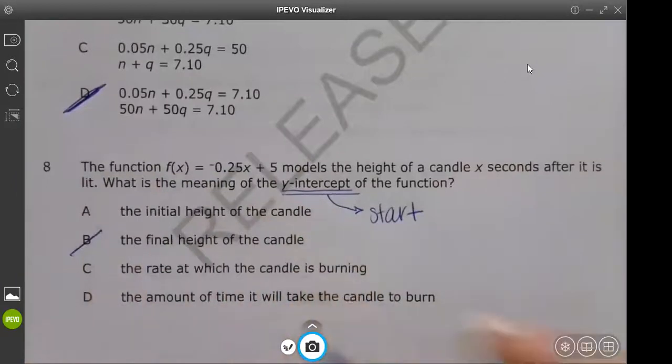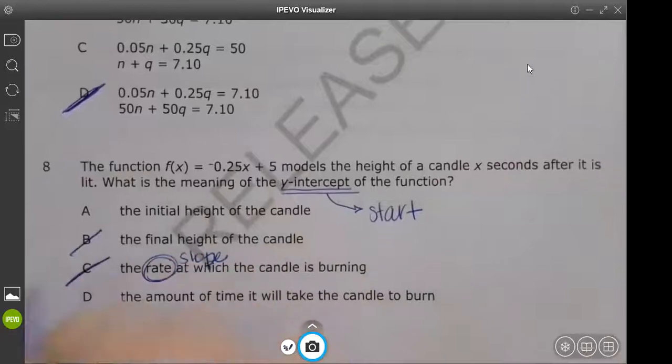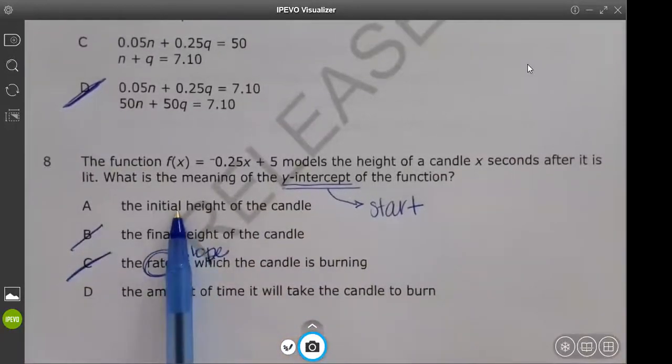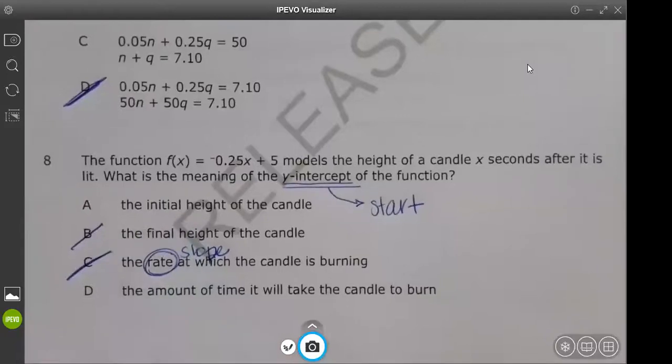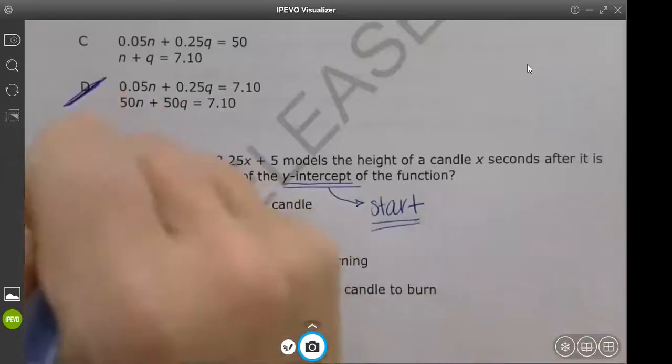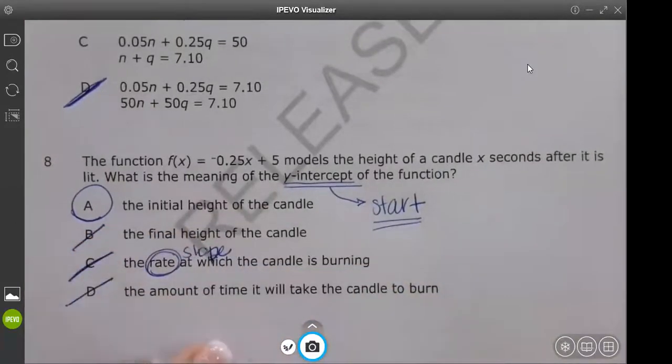The rate, anytime you see rate, that's your slope. Rate is slope, so we don't want that one. The amount of time it will take the candle to burn. So is it the initial height or the amount of time it'll take? If we're talking about the start, initial. Remember, your initials are the starts of your names. So A is your answer for number 8.